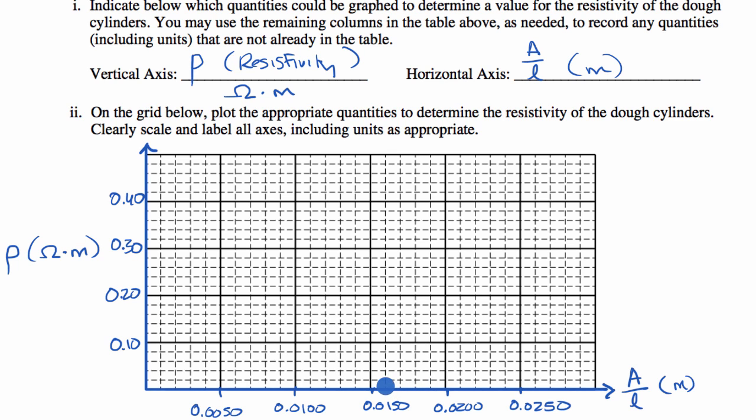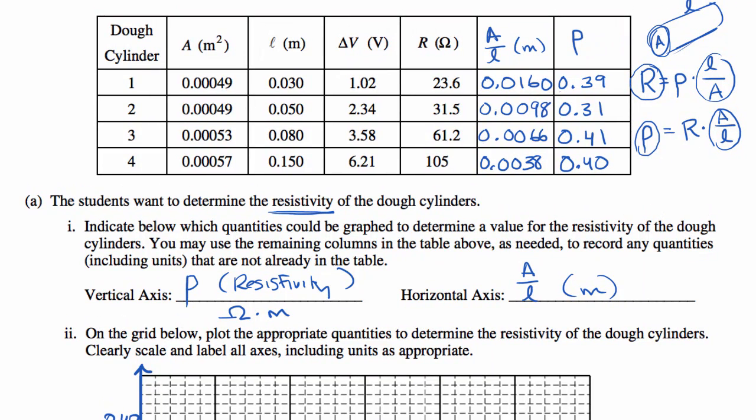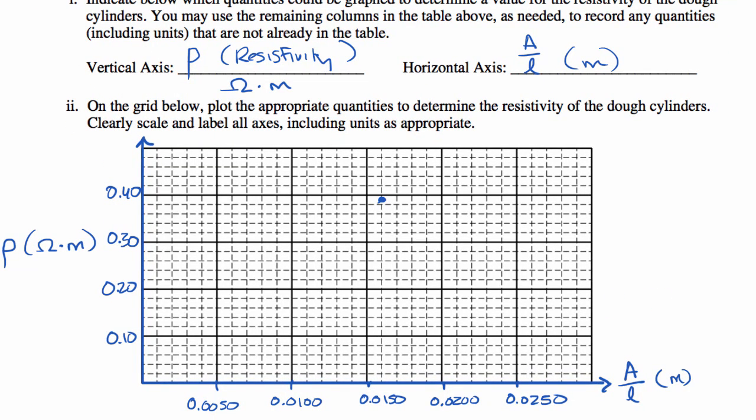So this would be 160, and then I would want 0.39 ohm meters for the resistivity. So that would put us right over there. So that's my first data point. And now if I go to my second one, 98 10 thousandths, 0.31. So 98 10 thousandths will be right around here. And then at 0.31 would be right around there. So that's my second data point.